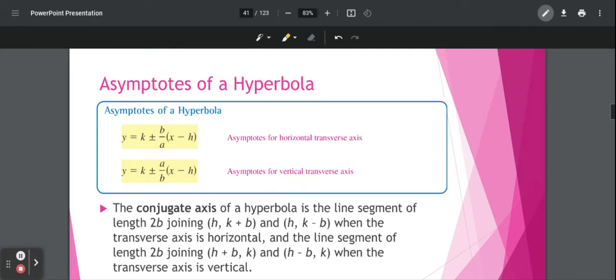So this b over a part right here, or the a over b part, that's your slope. And the other parts with that h and the k is just the fact that it's not centered at the origin. So your slope will always be that plus or minus b over a, or down here your slope would be the plus or minus a over b if we had to figure out what the slope was.